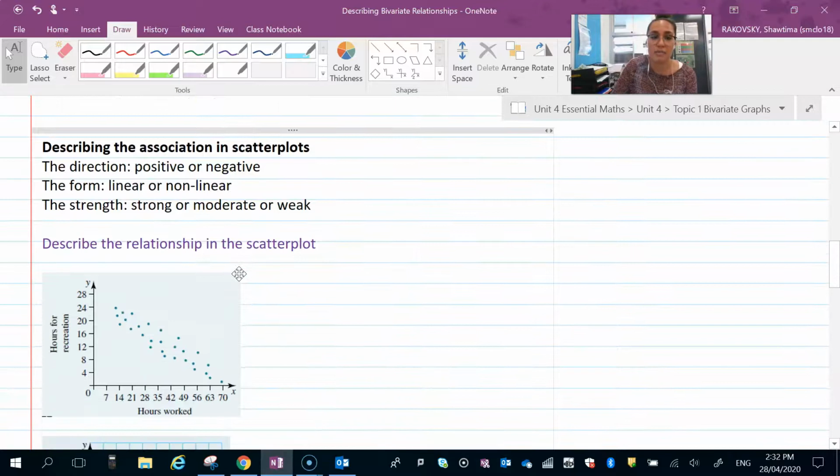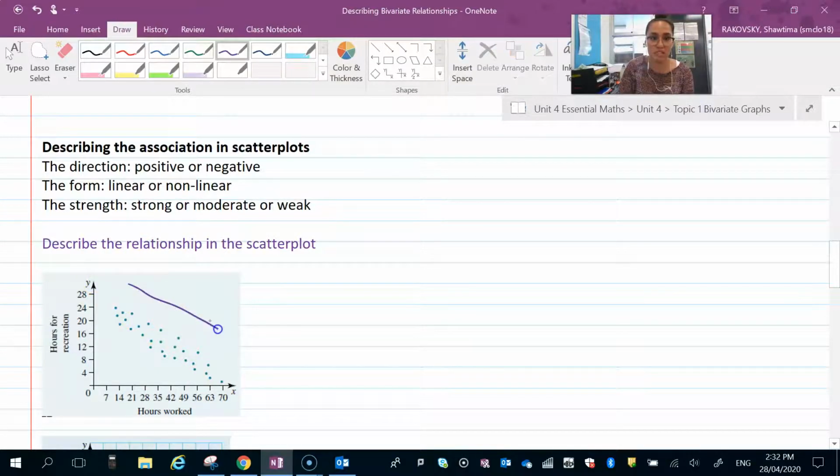So let's describe the association in scatter plots. Remember I'm looking for those three things: direction, form, and strength. I have a look. My graph is going down, so the direction is negative. The form looks pretty straight to me.